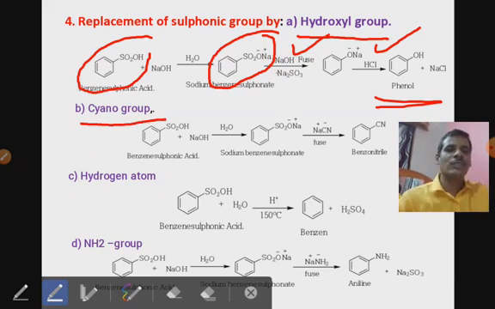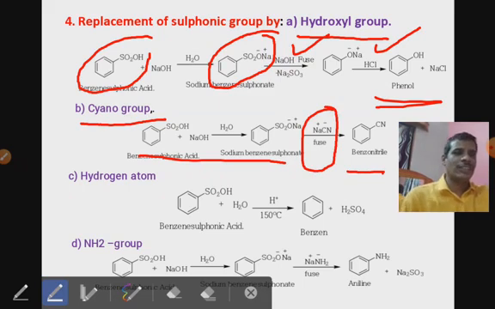Again in this case also, first there is a salt formation reaction, that is, the reaction with sodium hydroxide to give sodium benzene sulfonate, and this sodium benzene sulfonate again reacts with sodium cyanide, and the formation of benzonitrile takes place.